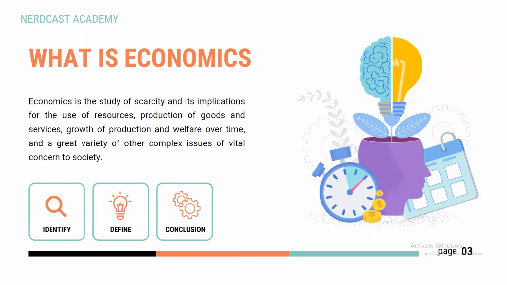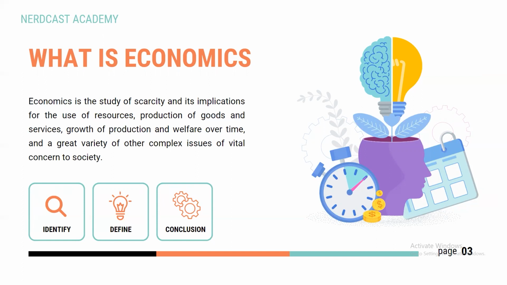As we know, the father of modern economics is Adam Smith, a Scottish philosopher, who gave a great explanation of economics through his Wealth of Nations book. Smith defined economics as an inquiry into the nature and causes of the wealth of nations. Also, there are a lot of great definitions of economics.